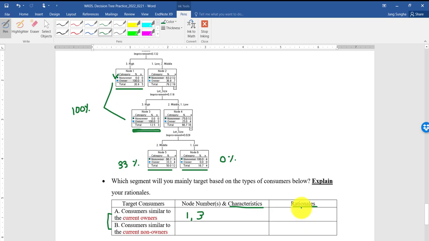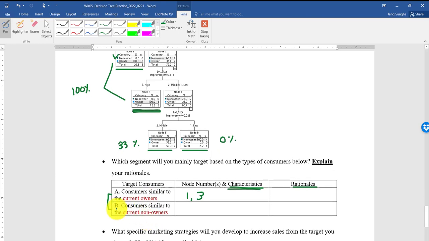The most important rationale is they are very highly likely to purchase products. Their characteristics: income level is high, or lot size is high. So if they are rich or if their lot is large, then definitely potential customers will purchase.